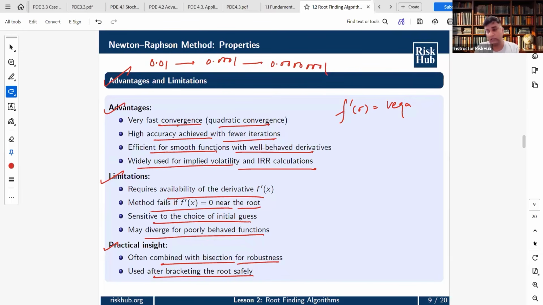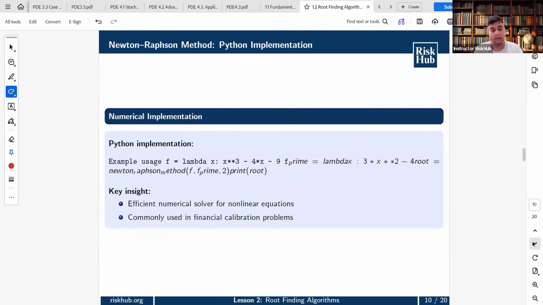Again, the next part is the Newton-Raphson method, Python implementation. The example uses the same function, x cubed minus 4x minus 9, and its derivative: f'(x) is equal to 3x squared minus 4.